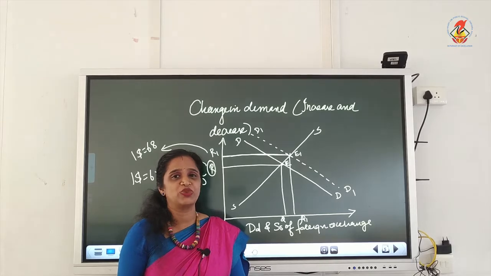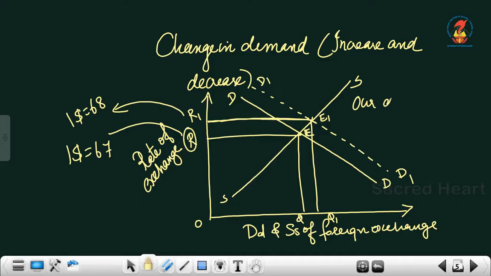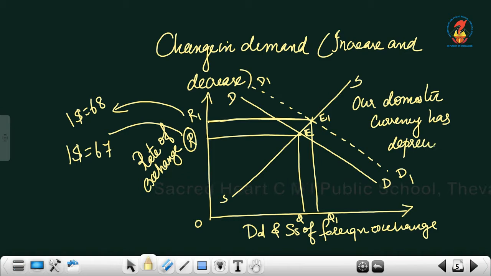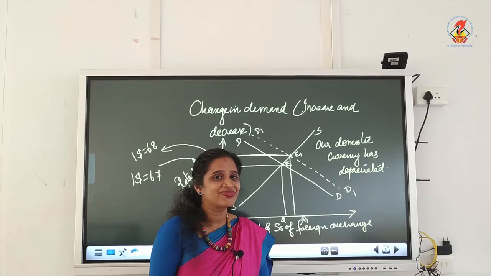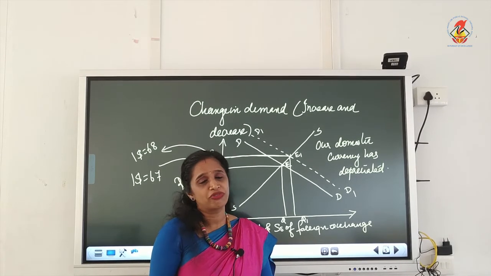So in this case we can say that our currency, our domestic currency, has depreciated. Why is it depreciated? Because in order to get something from USA, we need to give more for them.